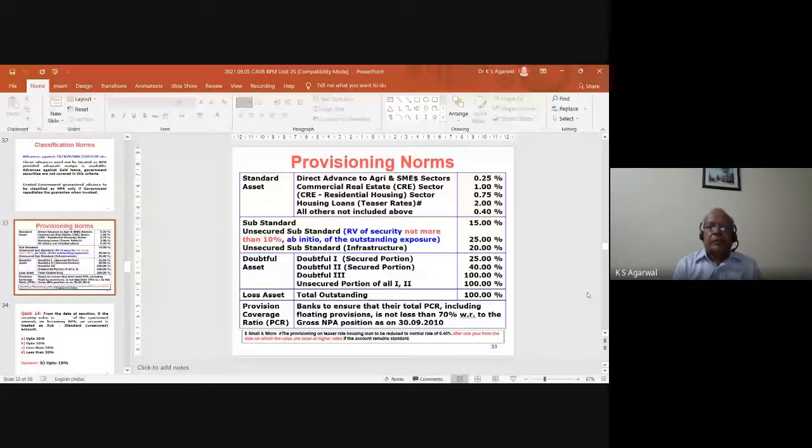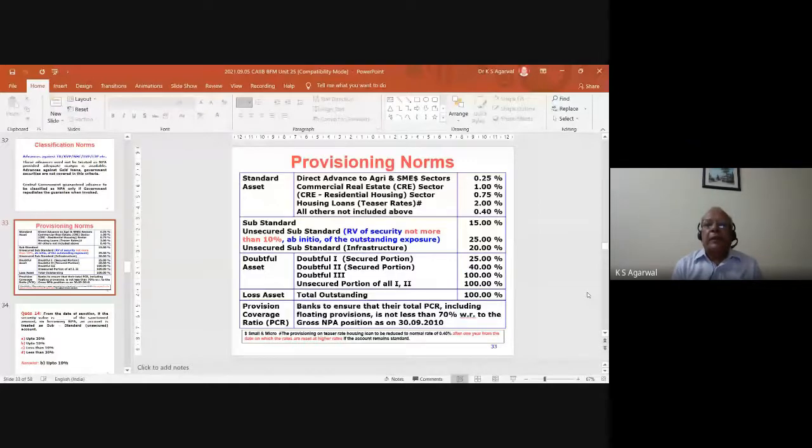Now, what does this provision coverage ratio mean? We are having NPAs in substandard, DB1, DB2, DB3 and loss. For every account, I will calculate the book outstanding. So that will become gross NPA. In every account, I will add up the provision held.